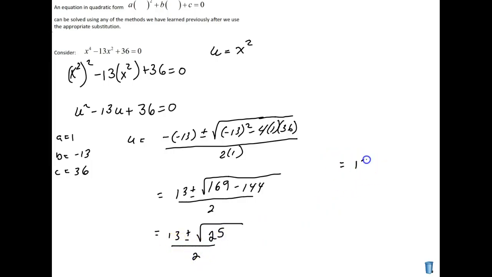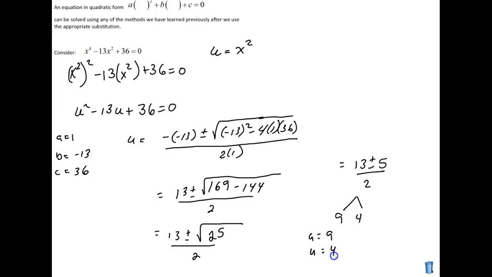That gives us 13 plus or minus 5 over 2. So two different situations here. 13 plus 5 divided by 2 becomes 18 divided by 2, which is 9. 13 minus 5 is 8, and 8 divided by 2 is 4. So I have two solutions: u equals 9, u equals 4.